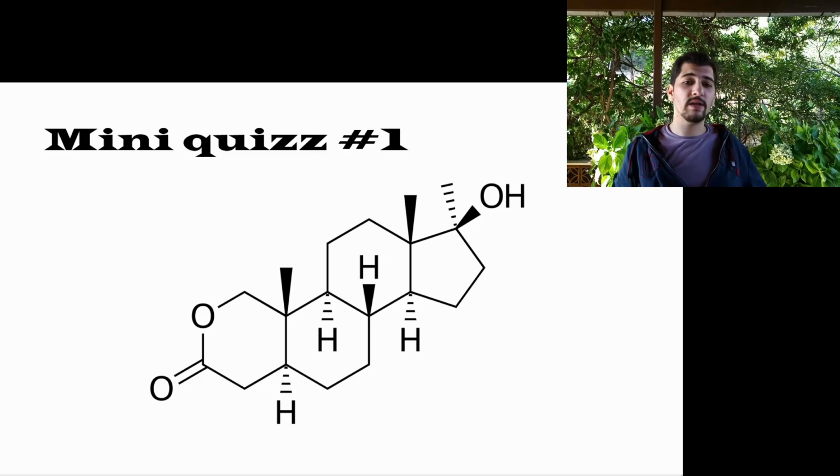So let's take a look at the molecule you see. Between the 4th and 5th positions, it does not have a double carbon bond, so it seems like it is a DHT. Let's take a look at the 19th position.